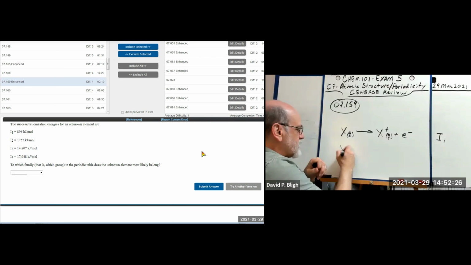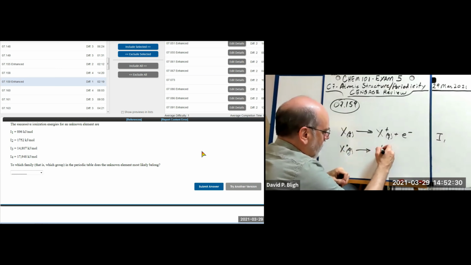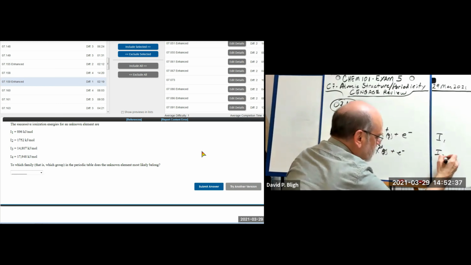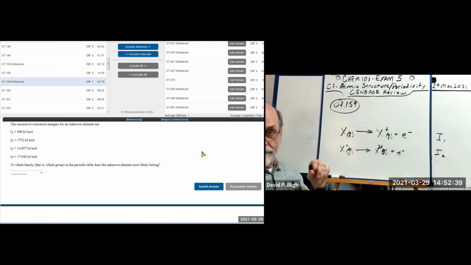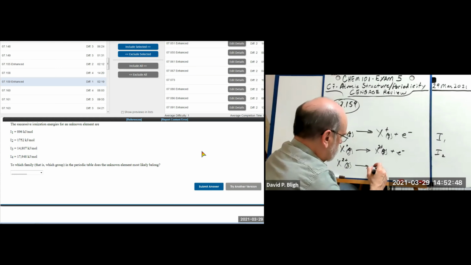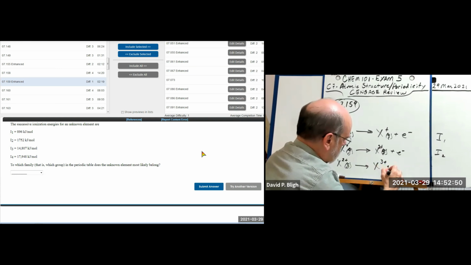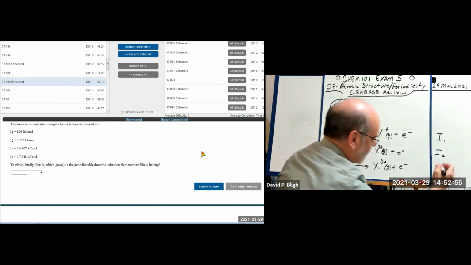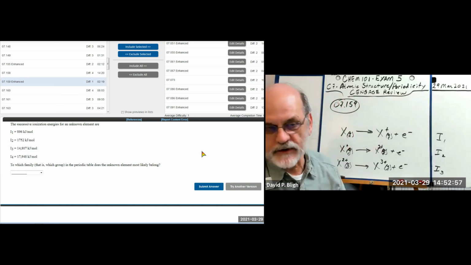Second ionization energy is this one. And third ionization energy takes this one, and you lose another one. That's as far as we need to go for this one.